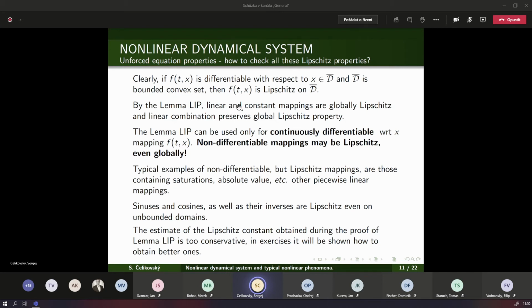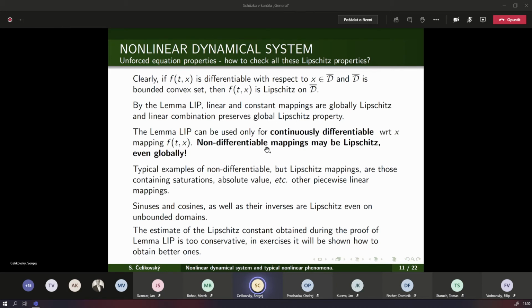So of course, linear and constant mappings are globally Lipschitz. This can be shown easily, and also the property that a linear combination preserves the global Lipschitz property is not difficult to see.